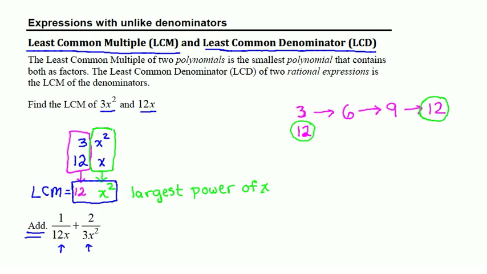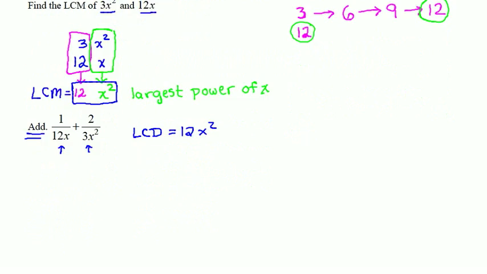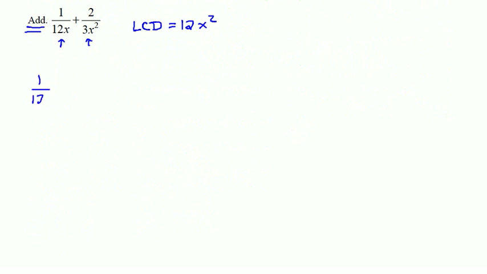So now we're going to go ahead and use this information. The least common multiple of these expressions is 12x squared, and therefore the least common denominator in this expression is 12x squared. Let's go ahead and now get ready to use this information to add these two rational expressions. First, I'm going to look at 1 over 12x. My goal here is to build up that LCD in the denominator.